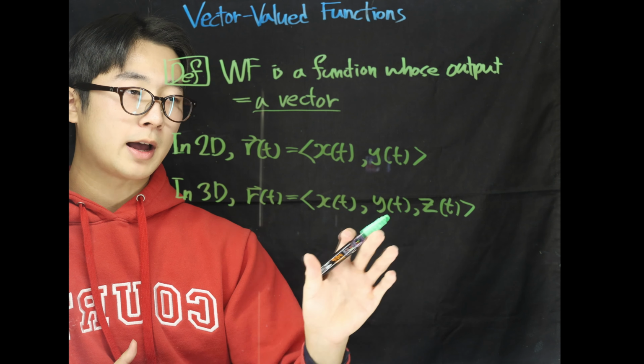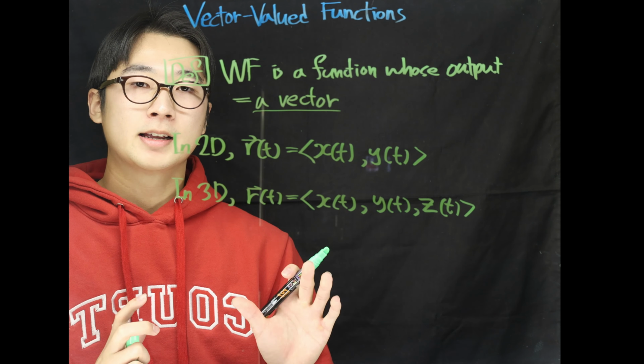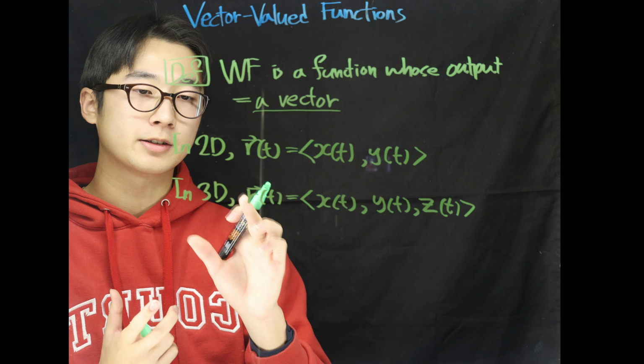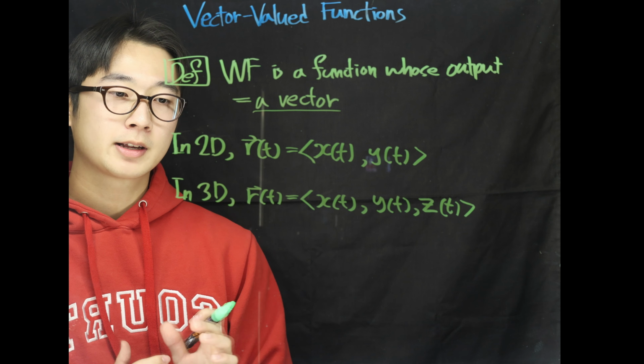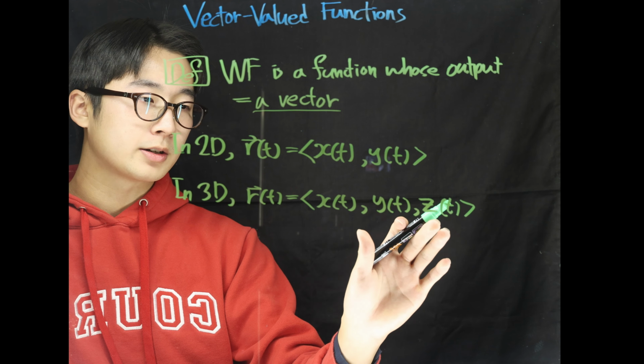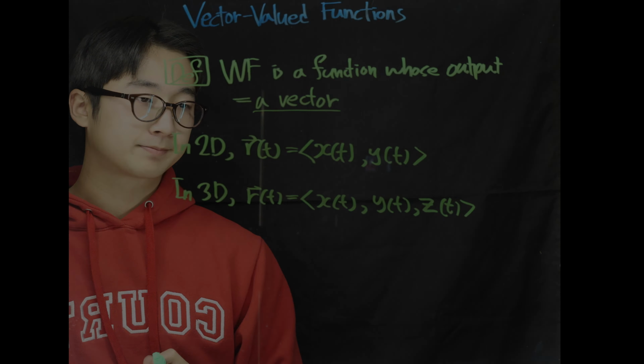We just need to add one more component, which is the z component. So these are the vector-valued functions in 2 dimensions or 3 dimensions. And as you can see, each component is just an ordinary function of t.